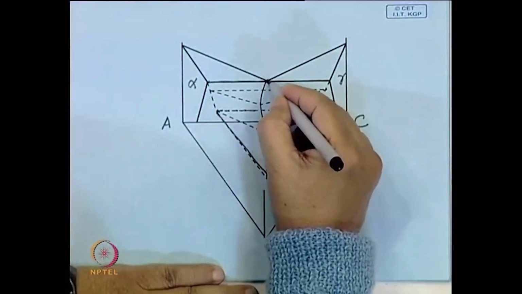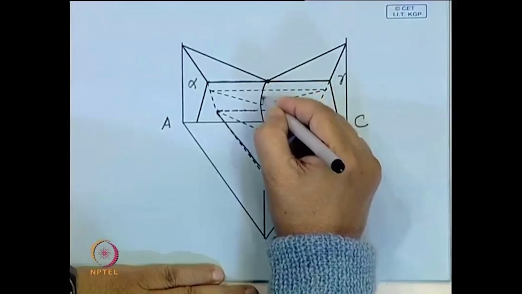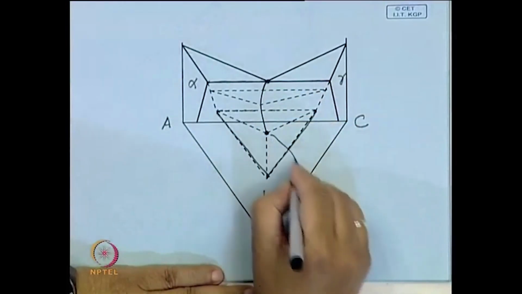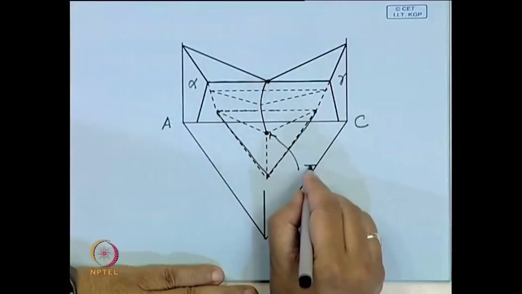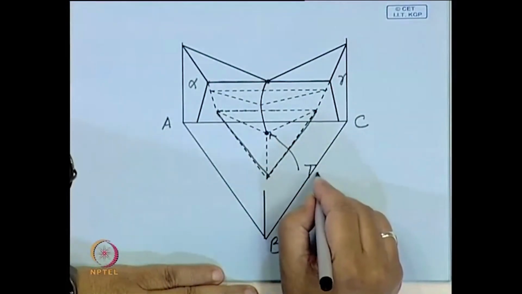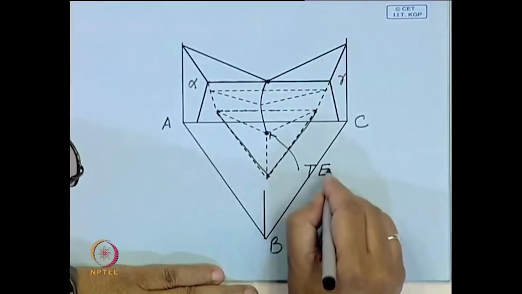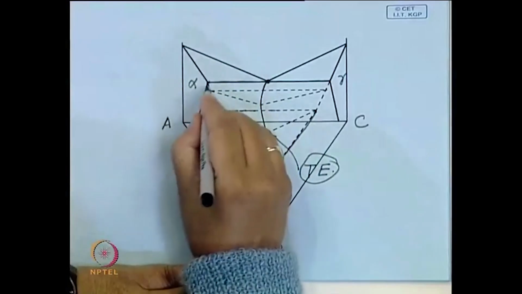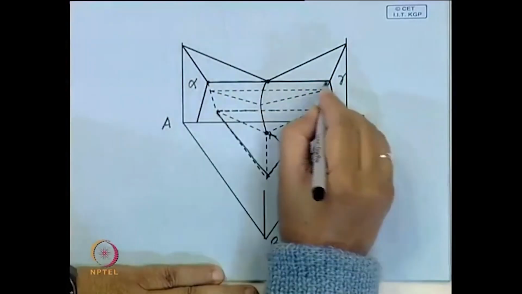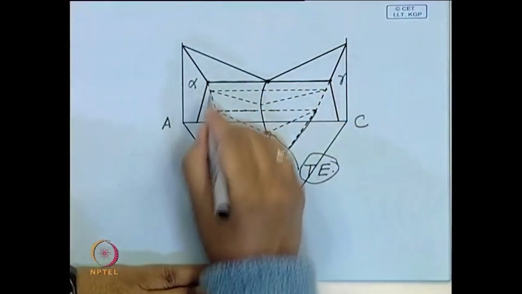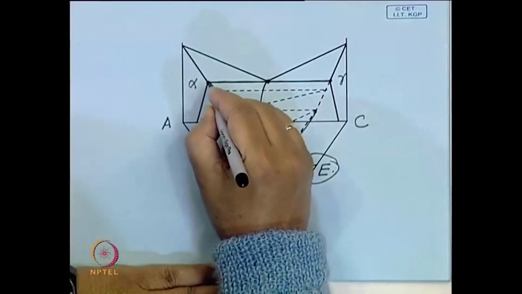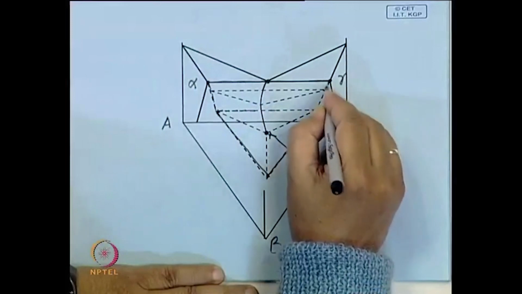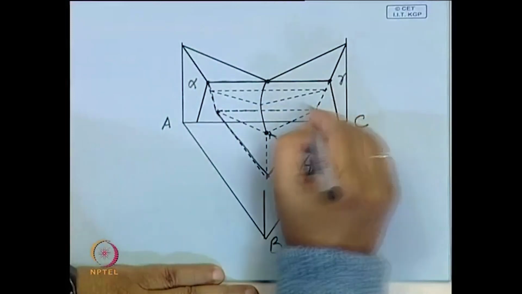Now, this surface, this point comes down and meets at this point, which is the ternary eutectic, TE, the ternary eutectic point. This point represents the solubility limit, and this solvus line also comes and meets the isotherm at this point.